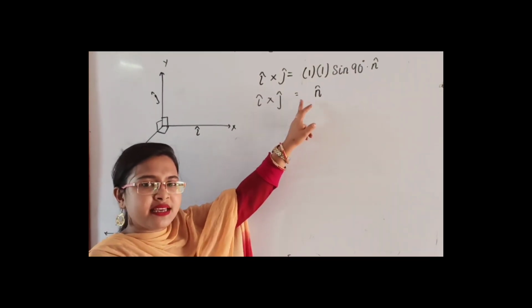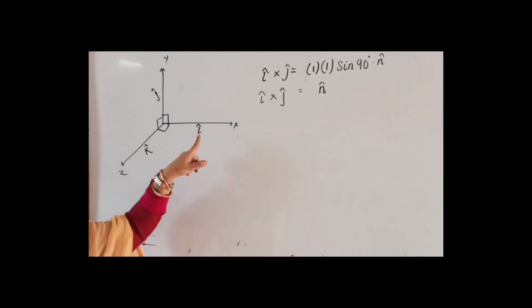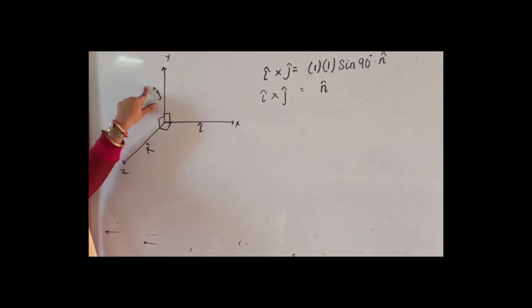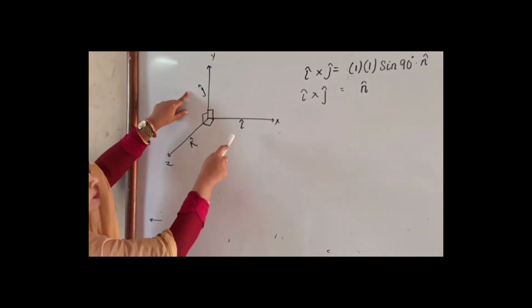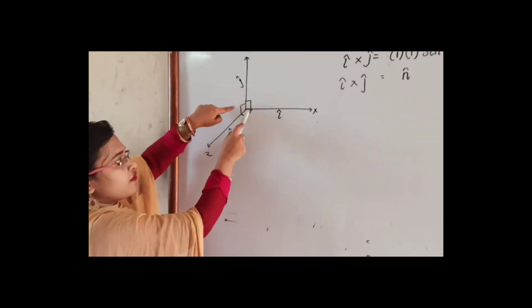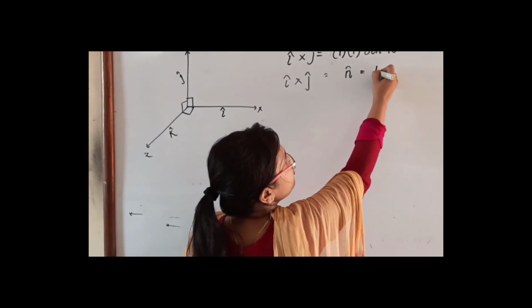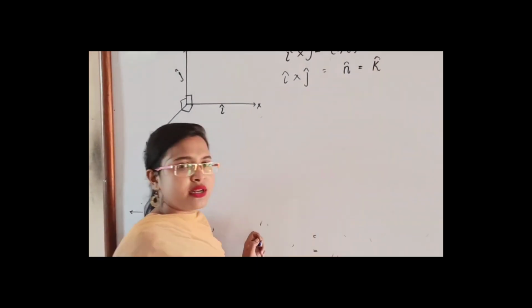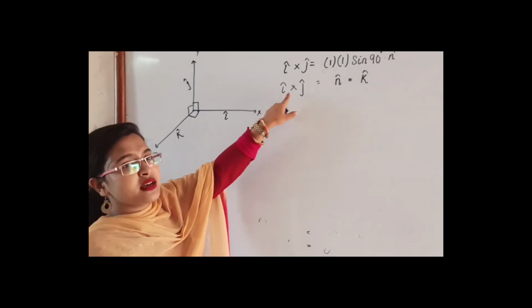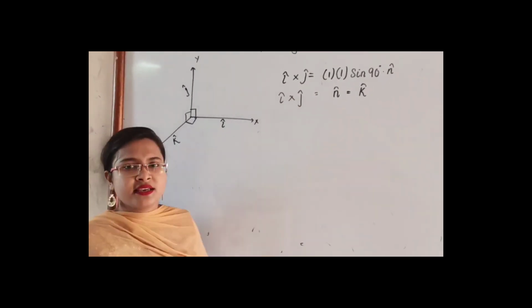We know this n cap is perpendicular to the plane containing i cap and j cap. So which vector is perpendicular to i cap and j cap? Of course k cap. So n cap is nothing but k cap.